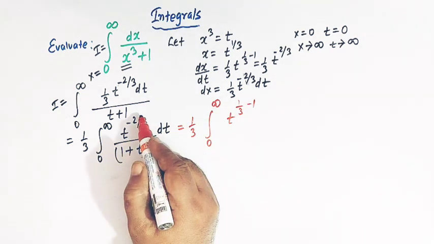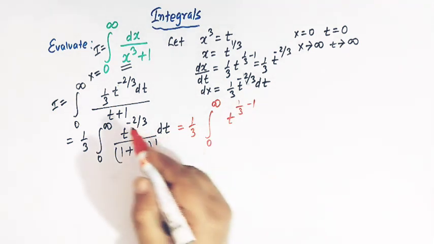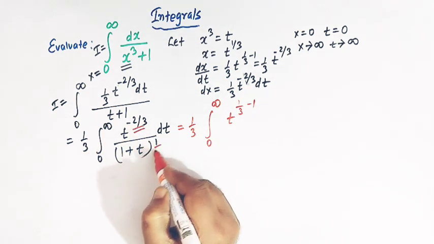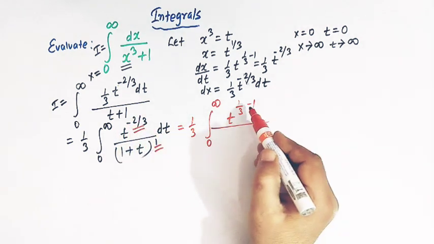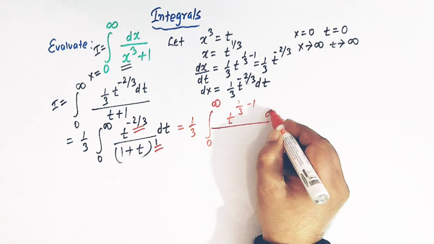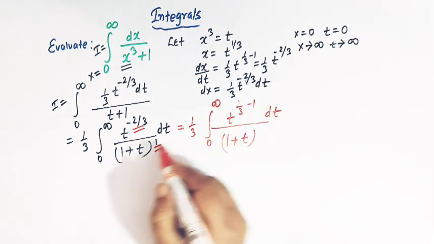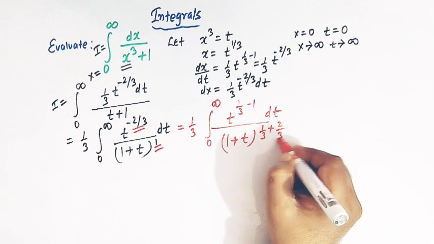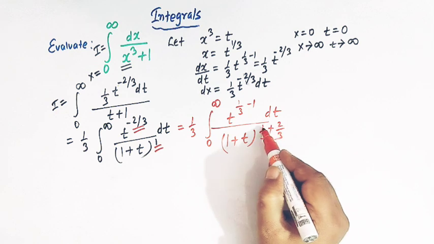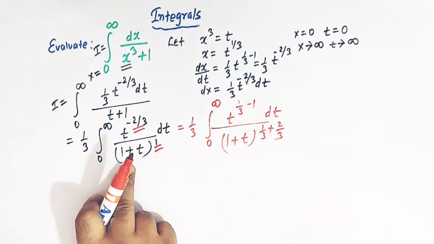So we have already explained this method in our earlier videos, how to write this exponent and this exponent, right? So we have t raised to minus 2 by 3 as 1 by 3 minus 1. Here we have dt, and 1 plus t raised to 1 can be written as 1 by 3 plus 2 by 3, right? Because 2 plus 1 is 3, 3 over 3 is 1, so we'll get the same integral.